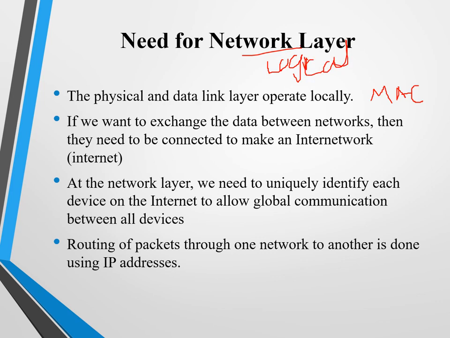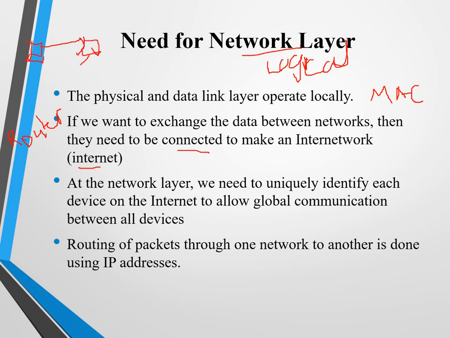If we want to exchange data between networks, then they need to be connected to make an internetwork. So this layer deals with the routers. If we don't have any network connection, like the internet, then we cannot transfer data from one computer to another computer.